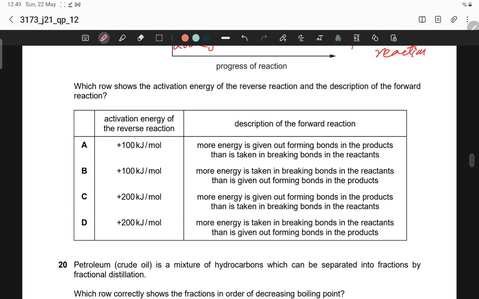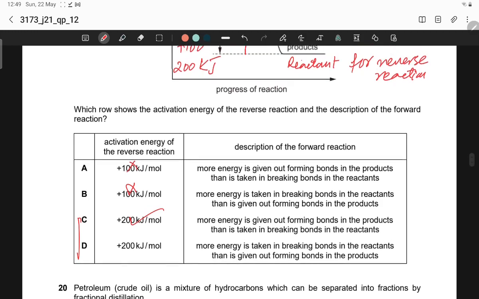So these two are incorrect. Go to C and D. So 200 is the correct option, and more energy is given out forming bonds in the products than is taken in breaking the bonds in reactants. Yes, it is.